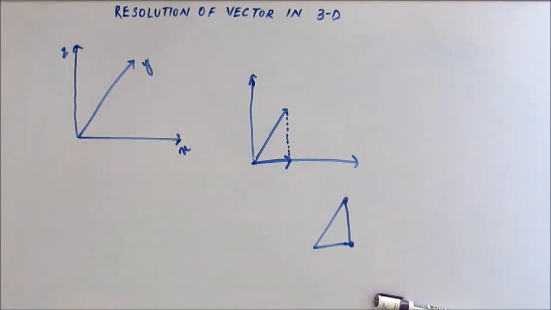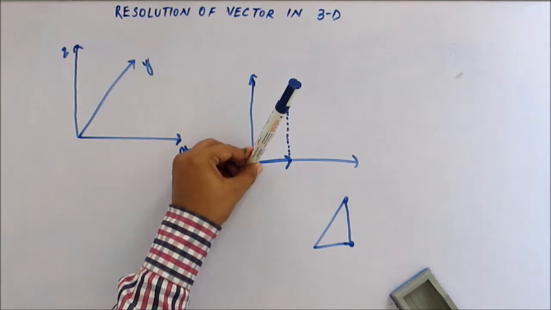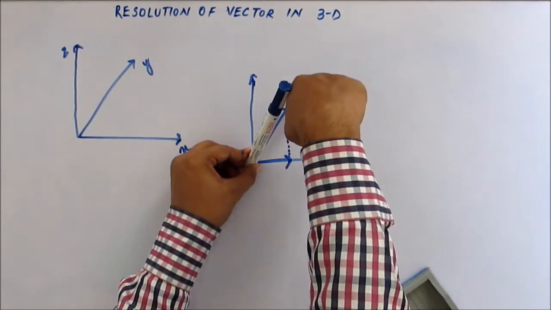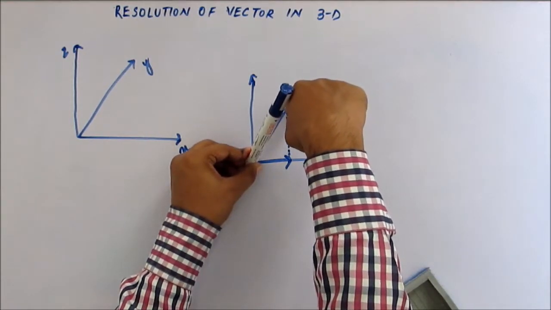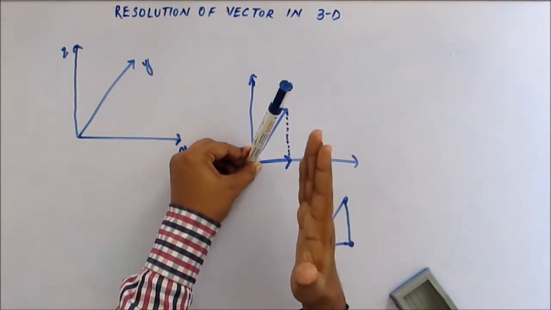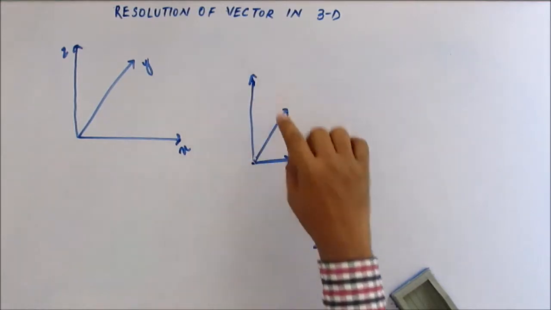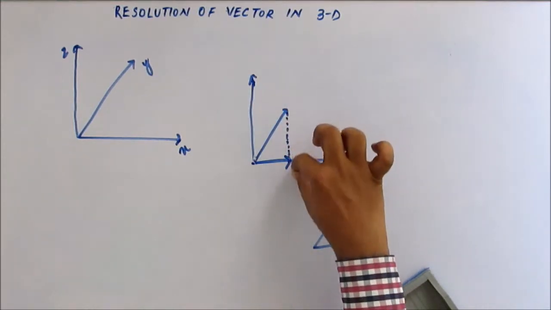By now you must have figured out that it will be the same, because if the vector is like this and you have made a triangle like this, then this head is actually just below this vector, and when you again break this vector along the x-axis and y-axis, this head is just below this head.